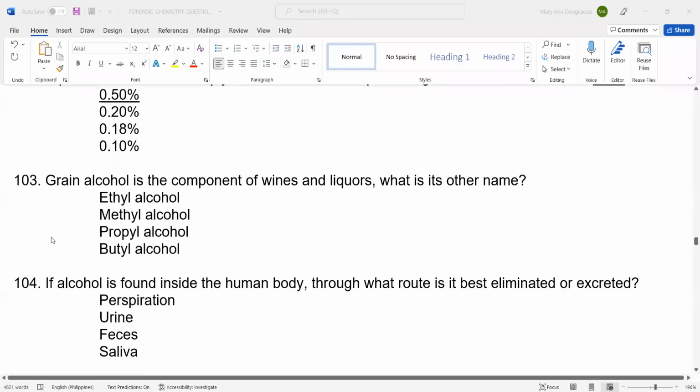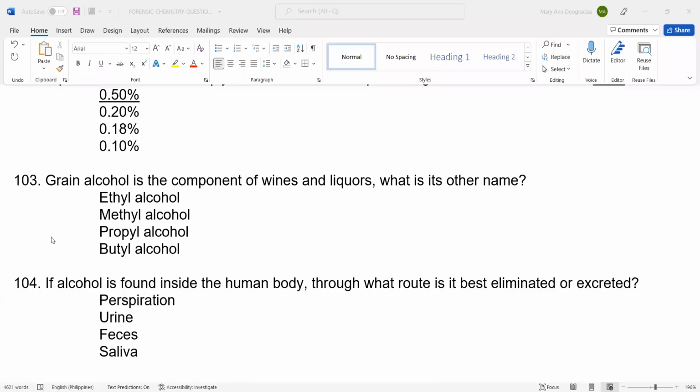All right, number 103. Grain alcohol is the component of wines and liquors. What is its other name? Anong alcohol ang nasa liquor natin, guys? Okay, may sumagot. Letter A. Hindi methyl, ethyl. Methyl, magiging formalin yan. Naalala nyo yung balita doon sa Quezon noon na marami namatay?